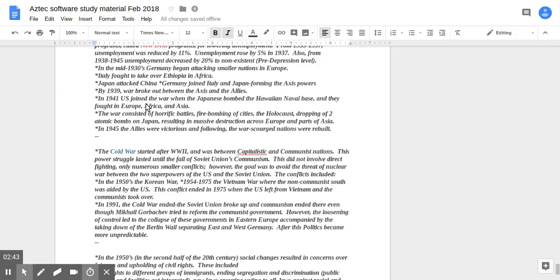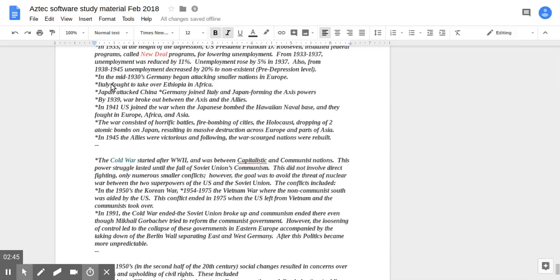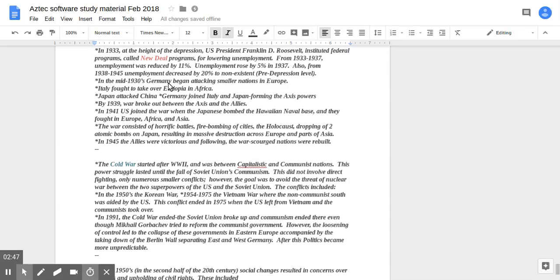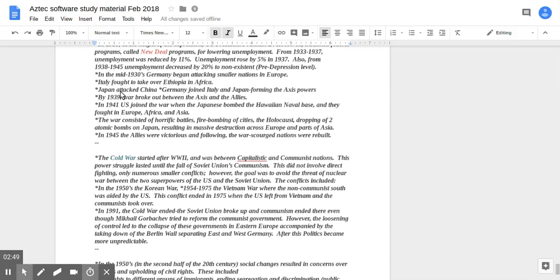In the mid 1930s, Germany began attacking smaller nations in Europe. Italy fought to take over Ethiopia in Africa. Japan attacked China. Germany joined Italy and Japan, forming the Axis powers.